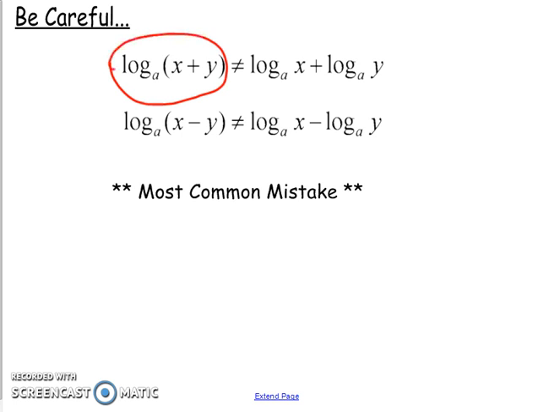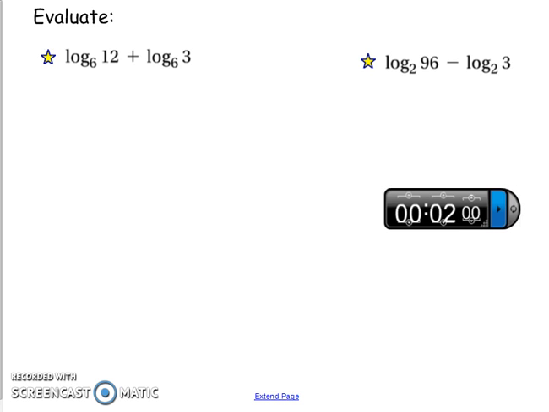So let's look at some examples of evaluating. So log base 6 of 12 plus log base 6 of 3. Because we're adding these two logs together, we're really going to be multiplying. So I'm going to rewrite this as log base 6 of 12 times 3. Okay, so this is log base 6 of 36.